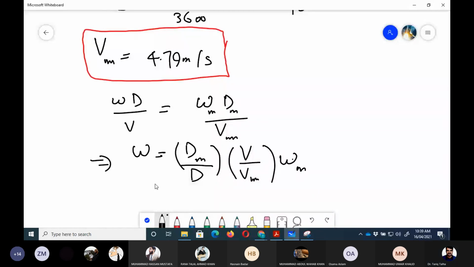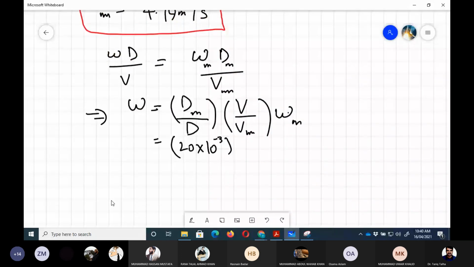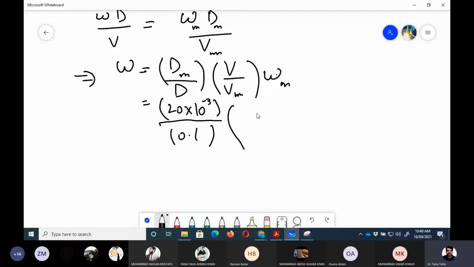If we put in the values, dm is 20 into 10 to the power minus 3 meter, the value of d is 0.1 meter, the actual velocity is 13.9 meter per second, the velocity of the model which we calculated is 4.79 meter per second, and omega m is 49.9 hertz.